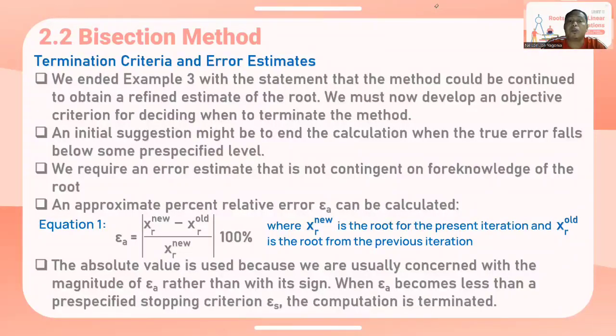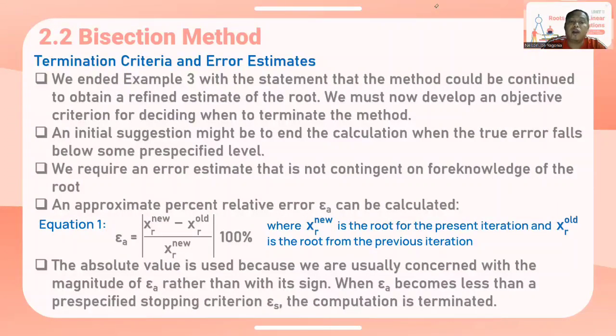An approximate percent relative error, or epsilon sub a, can be calculated: epsilon sub a is equal to the absolute value of the new x sub r minus the old x sub r, divided by the new x sub r, times 100%, where the new x sub r is the root for the present iteration and the old x sub r is the root from the previous iteration.